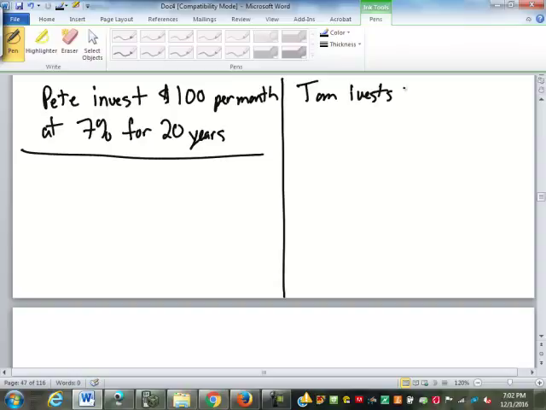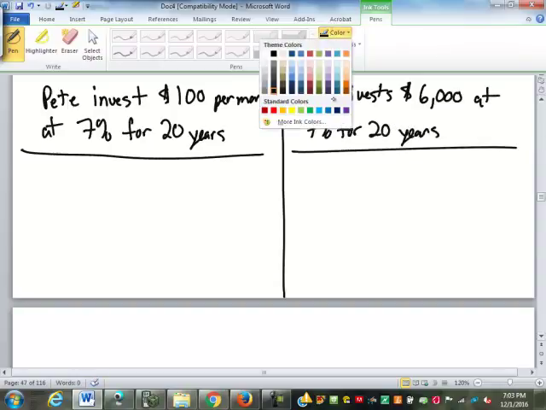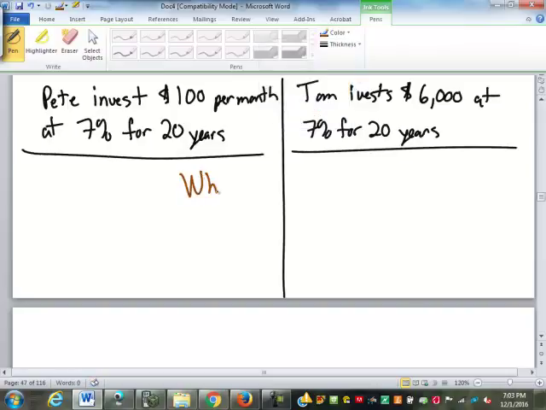Tom invests $6,000 at 7% for 20 years. My question is this. Who will have more?